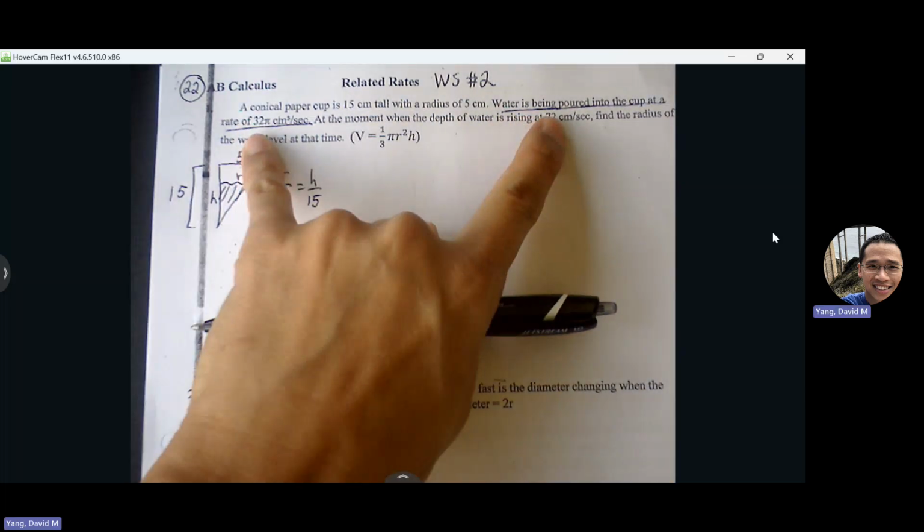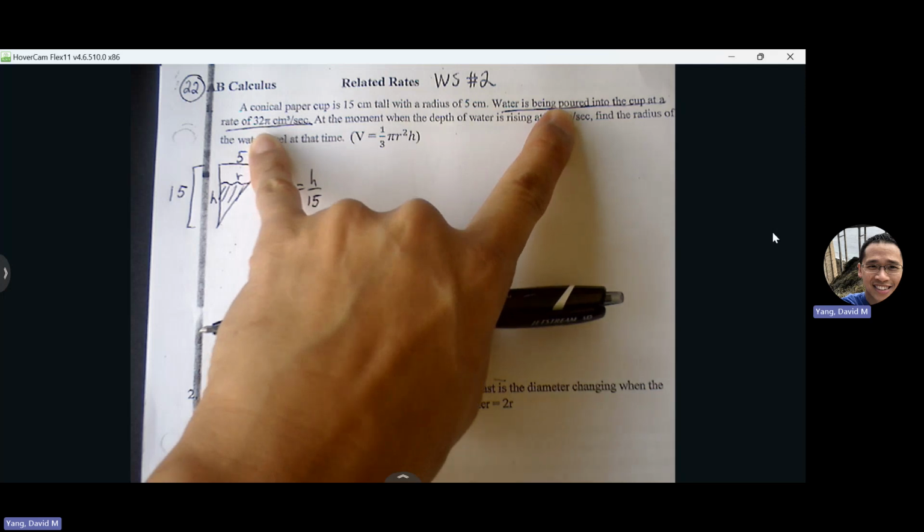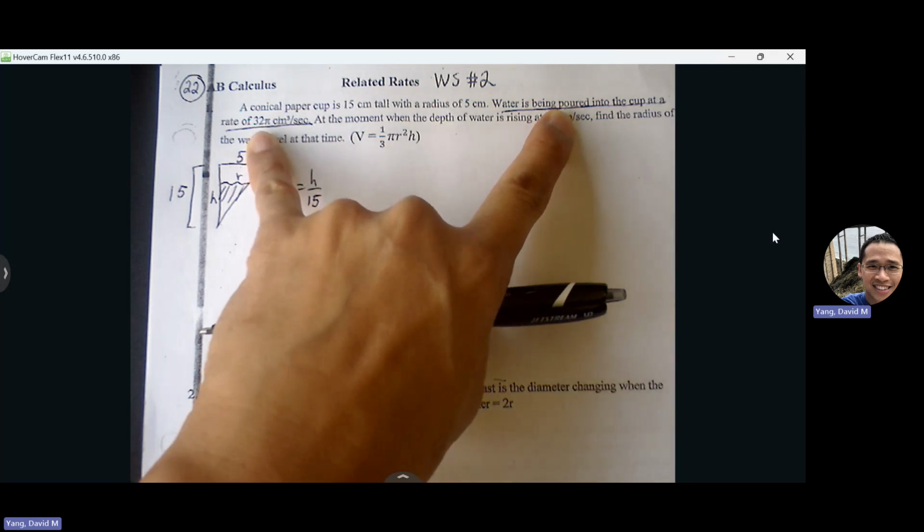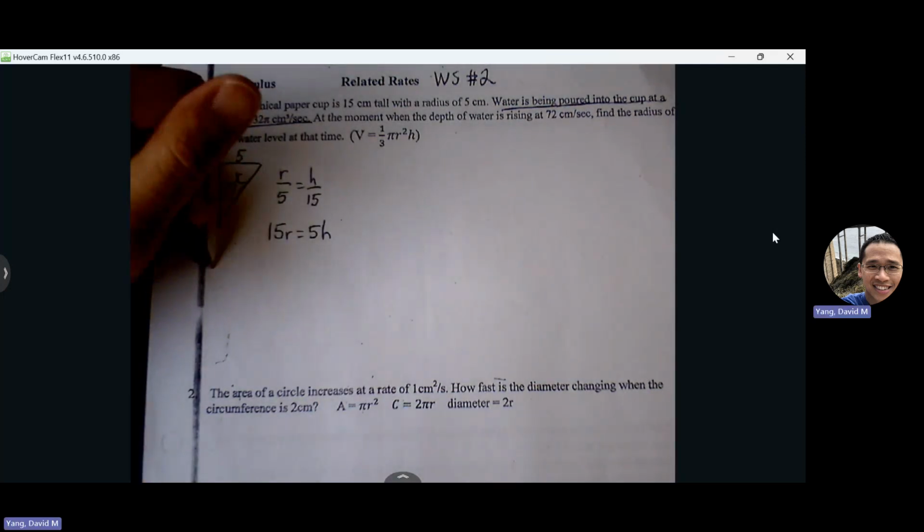Water is being poured into the cup at a rate of 32 pi cubic centimeters per second. What variable is that? We don't see it yet, but positive, right?